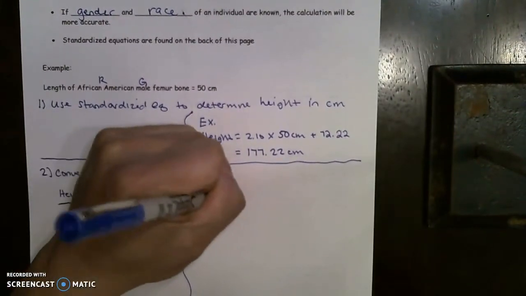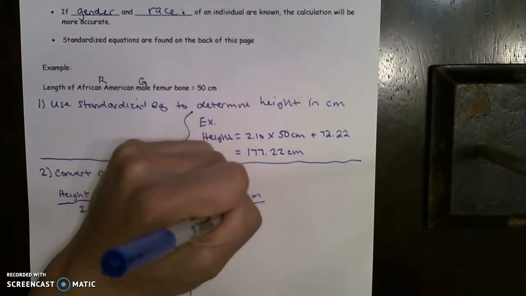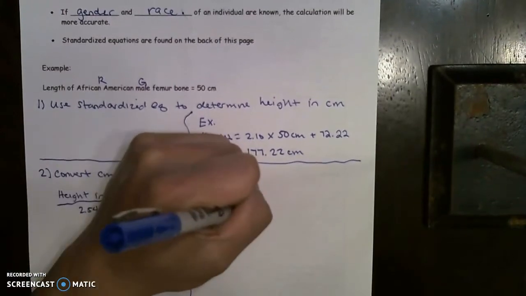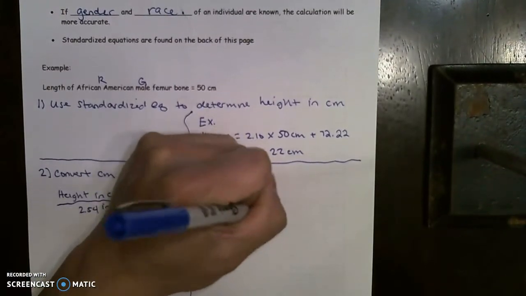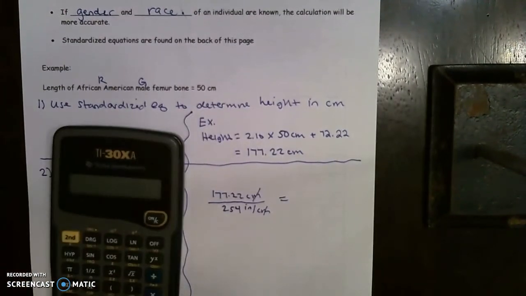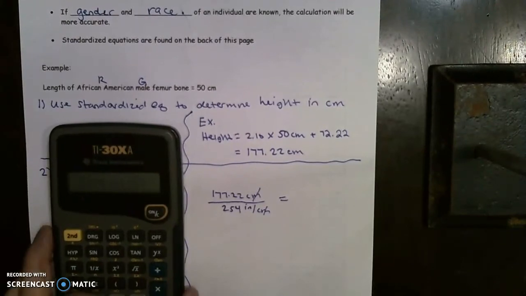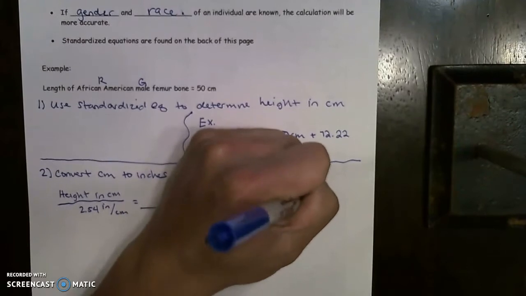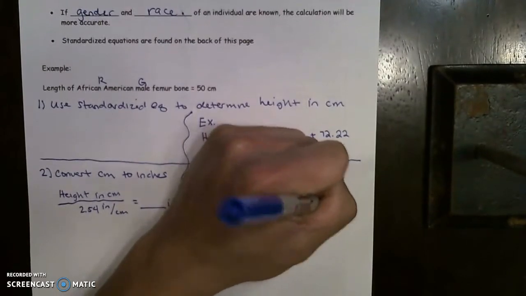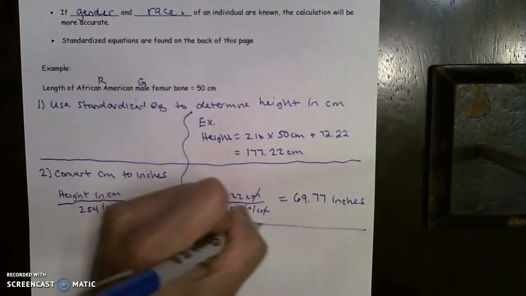So I'm going to take 177.22 centimeters, divide that by 2.54. Centimeters cancel out, so I'm left with inches. 177.22 divided by 2.54 gives me an answer of 69.77. We'll round to the hundredths place. 69.77 inches.